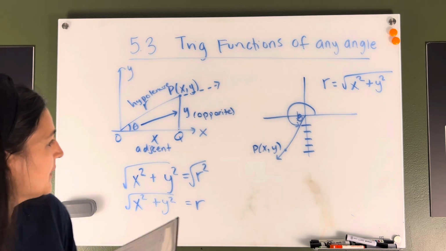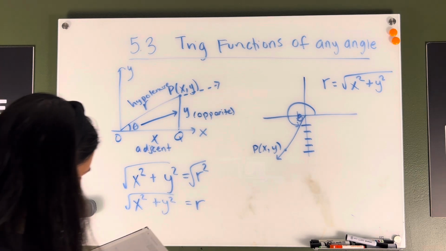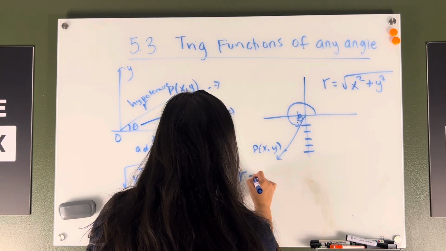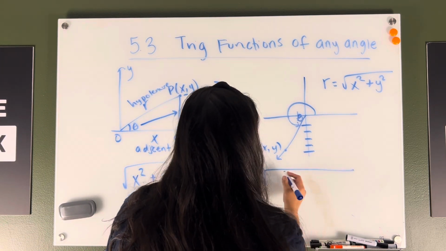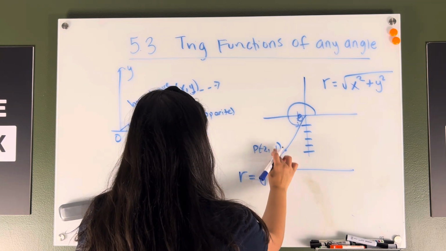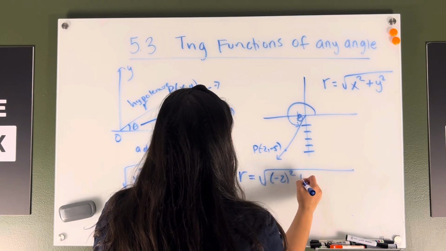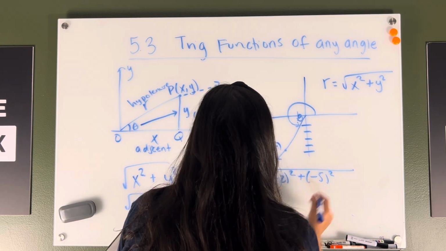Okay, so now we're going to go ahead and find sine, cosine, tangent, etc. But first let's find r. So r is going to be, since this point is (-2, -5), the square root of (-2) squared plus (-5) squared.